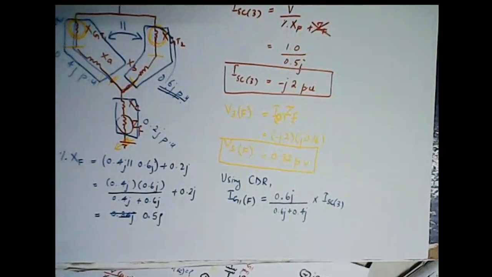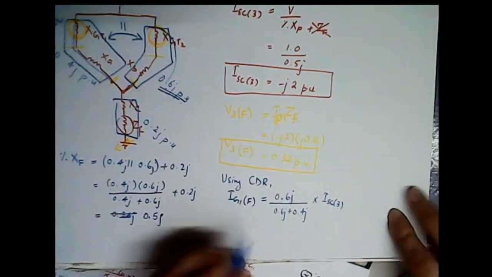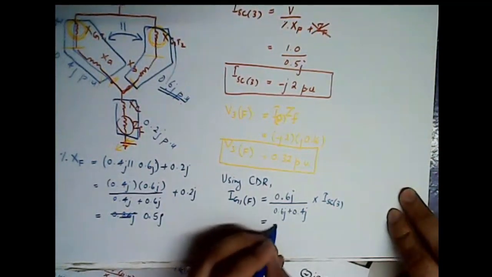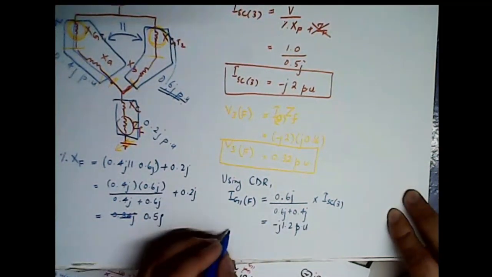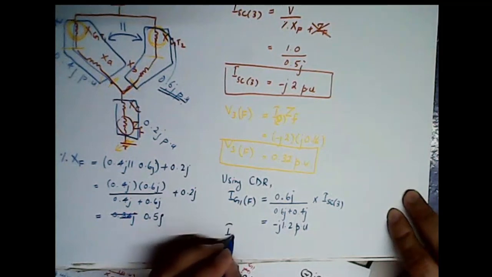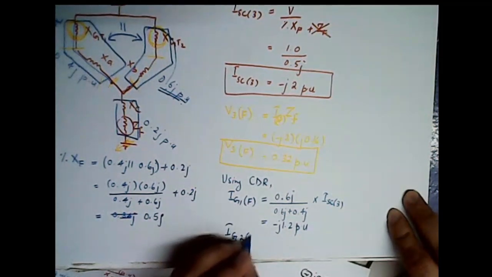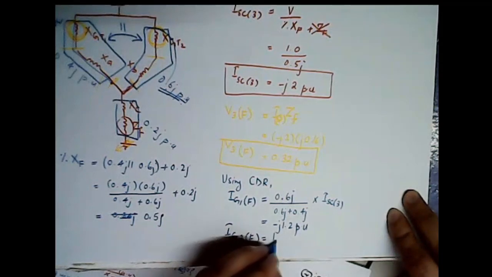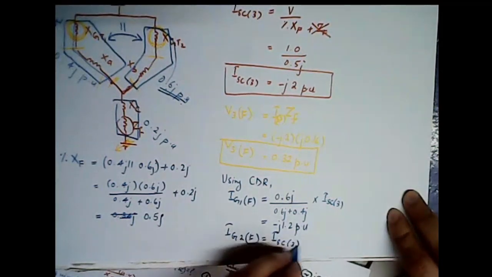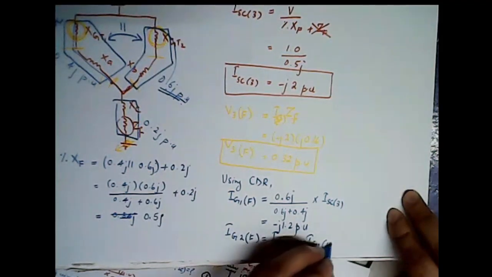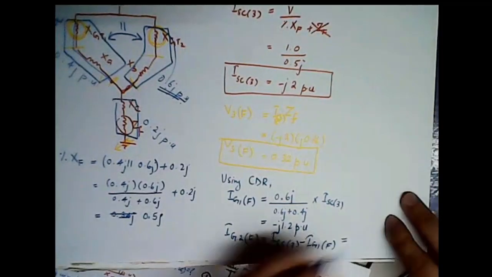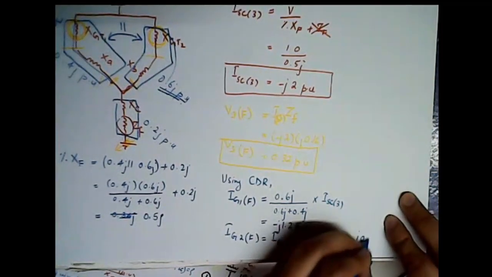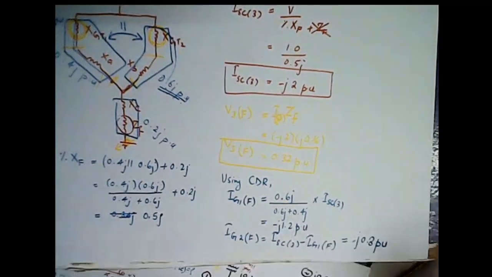So this when simplified gives us minus J 1.2 per unit. This is the contribution from generator 1, and since we have only two generators, we know that the contribution from generator 2 in case of fault will be what? The total current minus the contribution of generator 1, and this is equal to minus j 0.8 per unit, right?